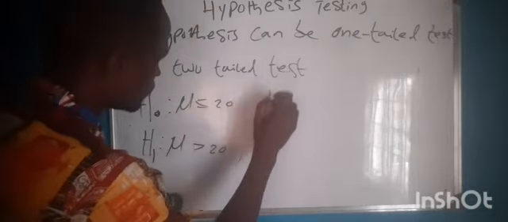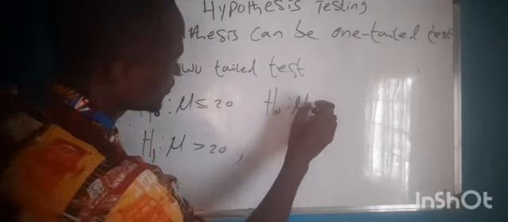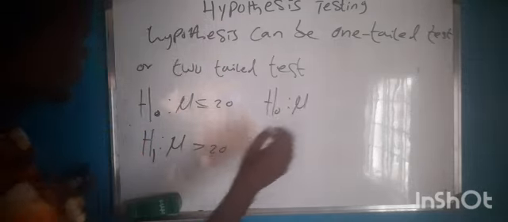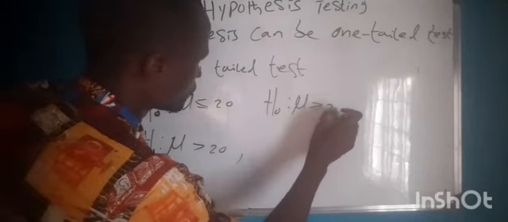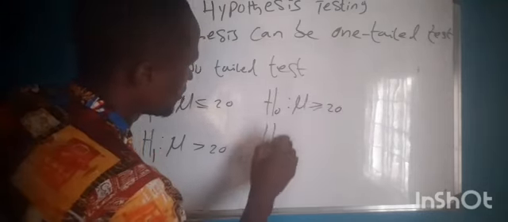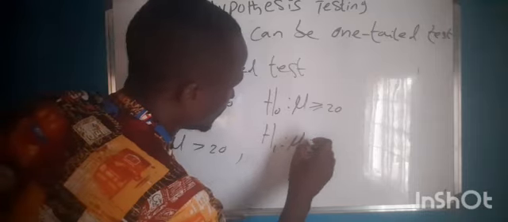Or we have H naught, mu greater than or equal to 20, and H1, mu less than 20.